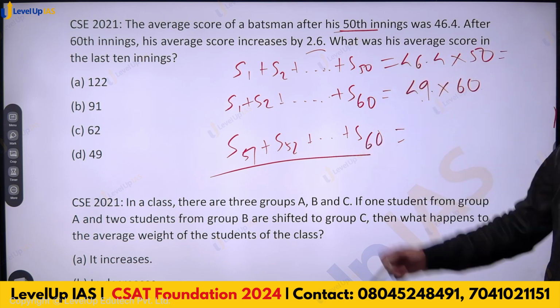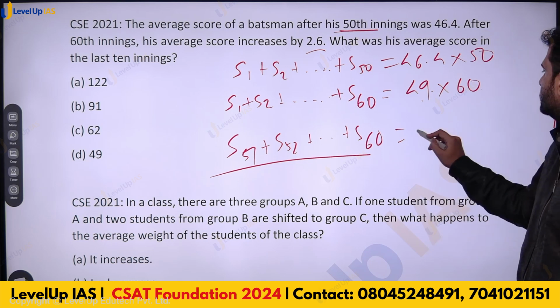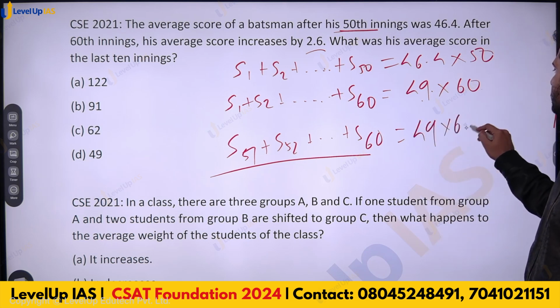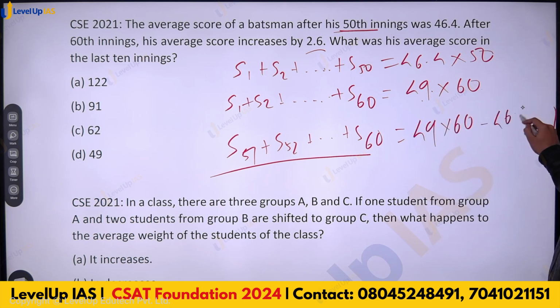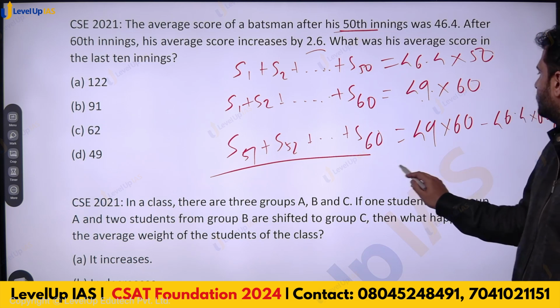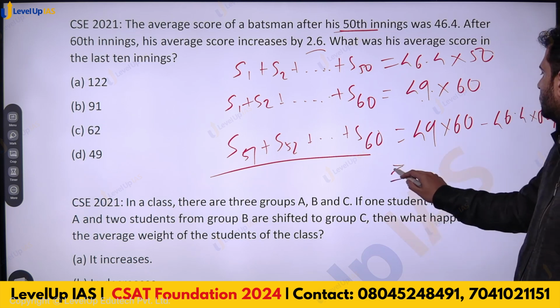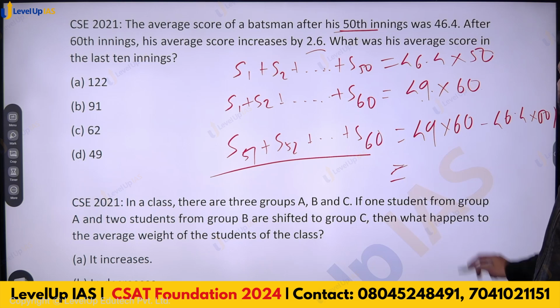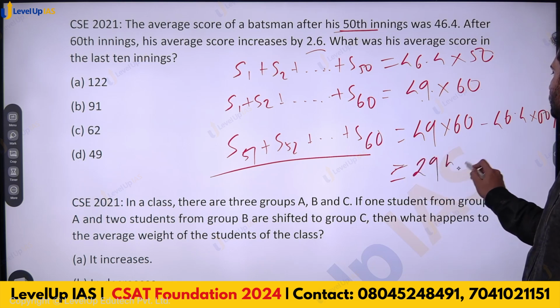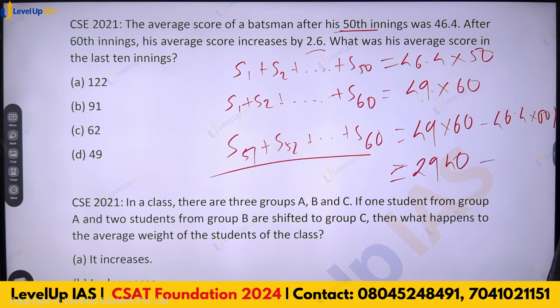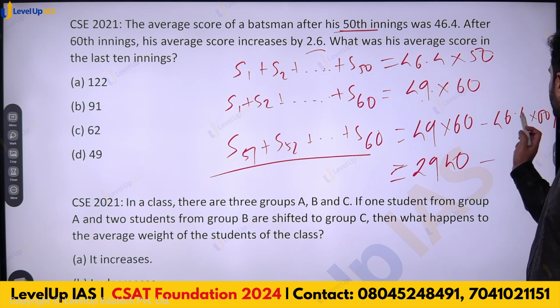This is equal to, you need to multiply. This is 49 into 60 minus 46.4 into 50. This is nothing but, so this is 2940 and this is 464 into 5.